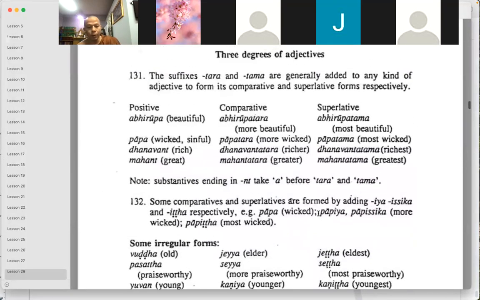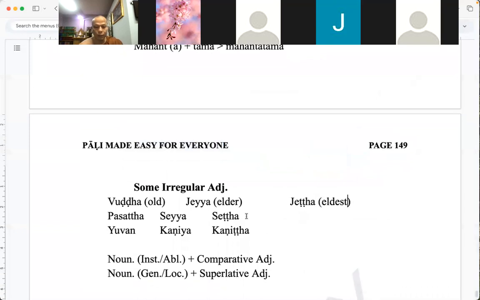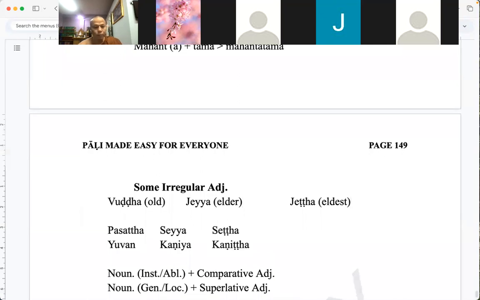Elder, eldest. So here also partly we can see this jeyya, maybe possibly ja and the iya. So just considering. So here iya, so maybe here is changed to the e and the ya maybe become double. So it's comparative form.